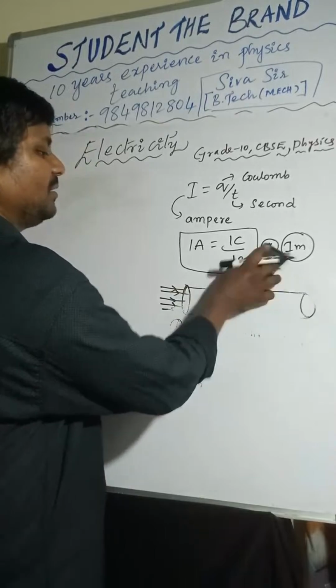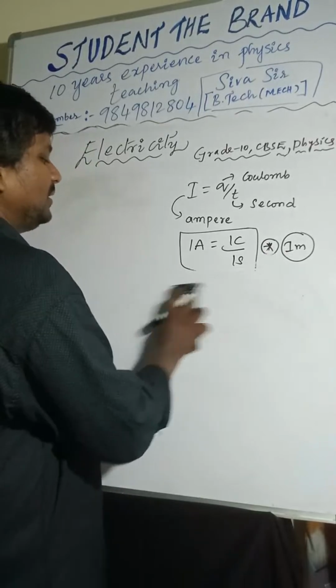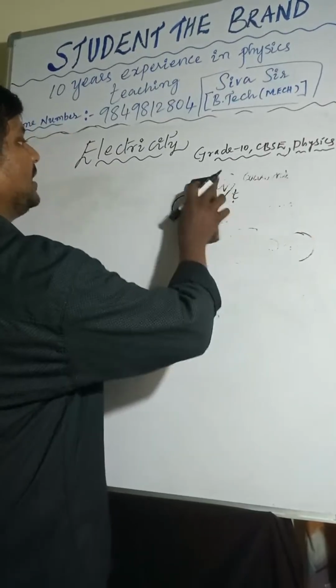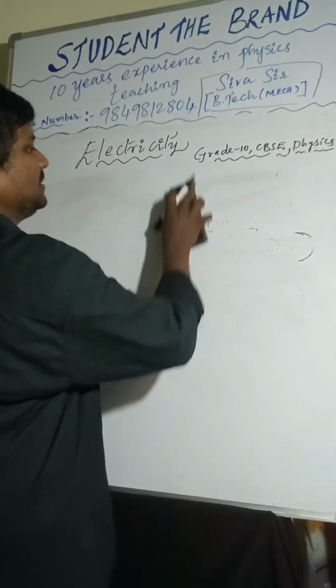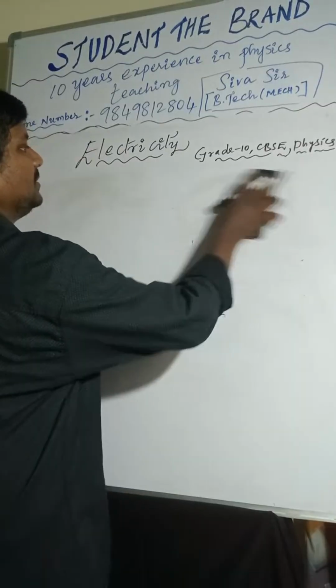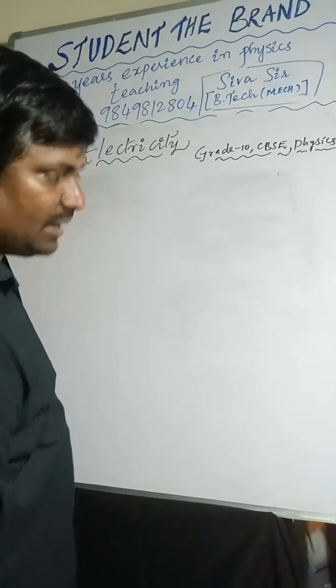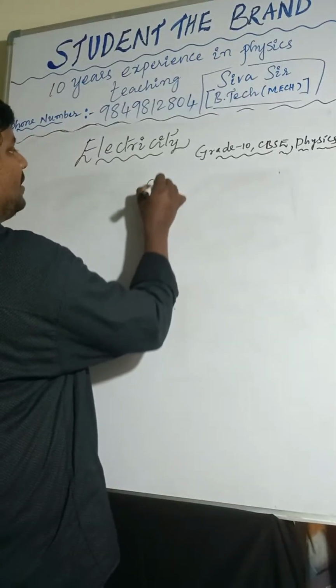Will it attract or repel? It depends on the sign. Now you can see I am considering positive charge and negative charge. So there are two types of charge, and charge is nothing but a property of the matter.